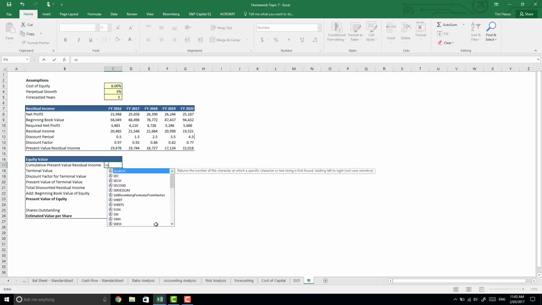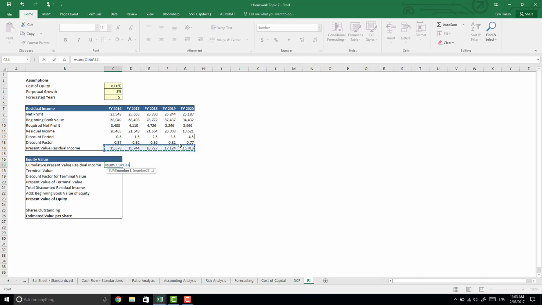So first we take the sum of the forecasted present values, which is 90,491.